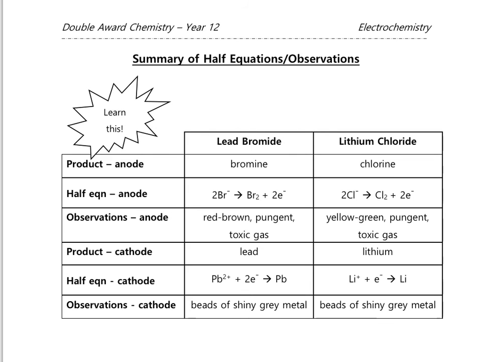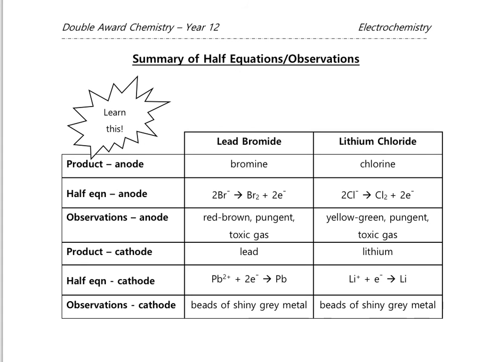It's really, really important that you learn these because you can be asked for these specific half equations and these specific observations. They may ask you to write a half equation for a different example, so for the likes of sodium fluoride or potassium iodide, and you would follow the same format, but they tend to just stick to these two and the industrial example that we will look at in our next video.